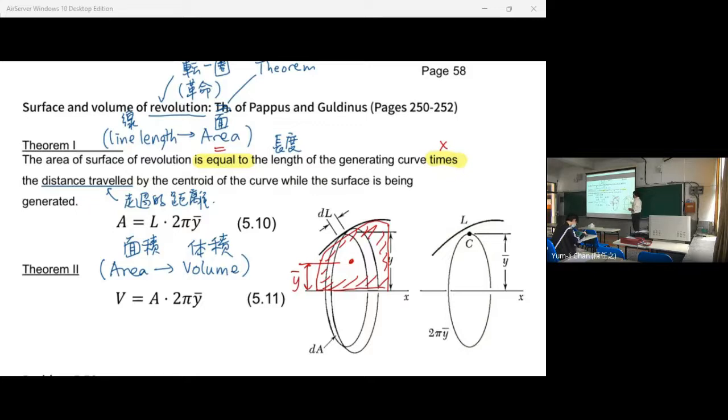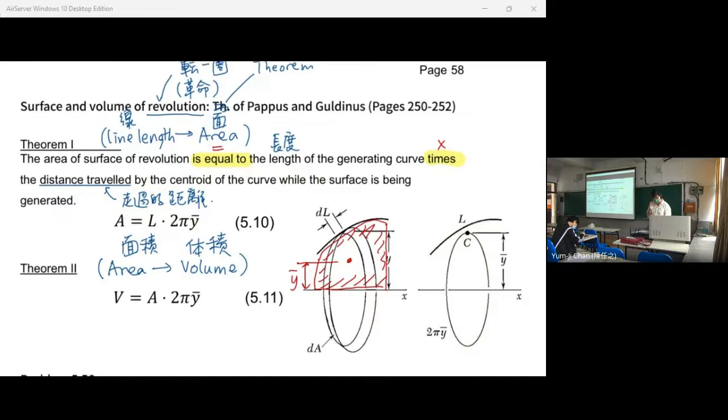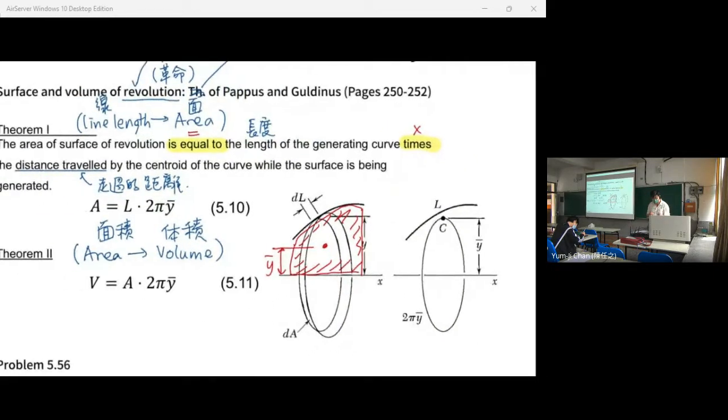This is y bar, because the center is located at y bar from the rotating axis. So the distance traveled is equal to 2 pi y bar.